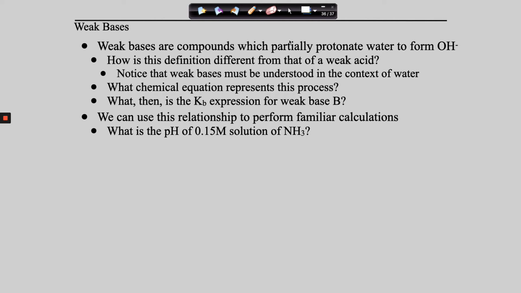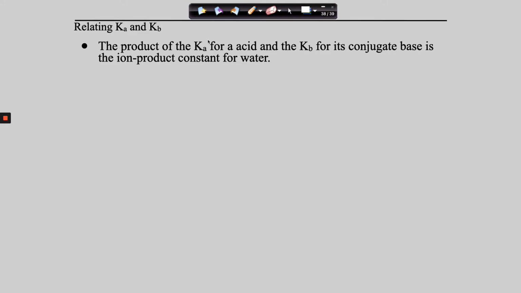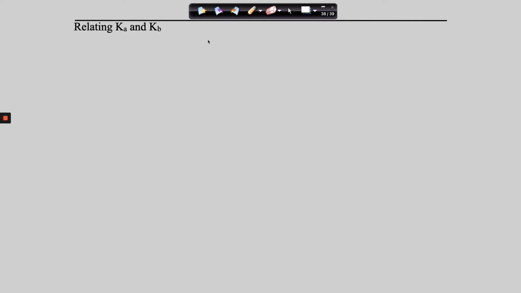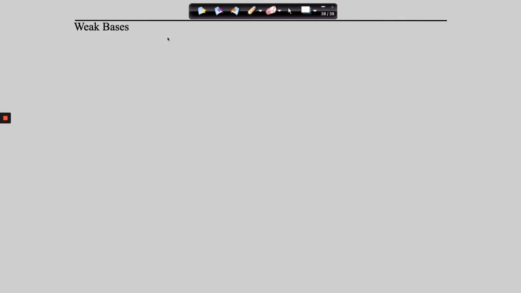Guys, just remember 0.15 molar NH3. So we're going to figure out the pH of this. What I'd like to do is set it up with you, but not solve it.